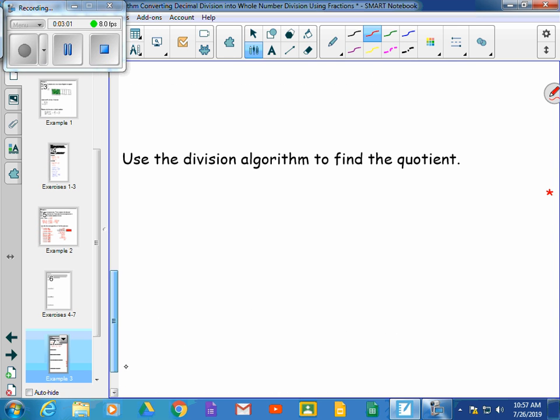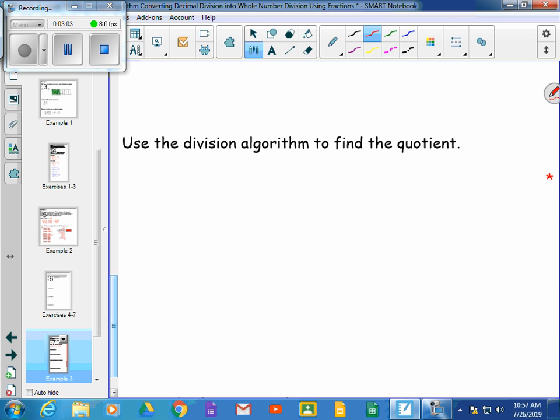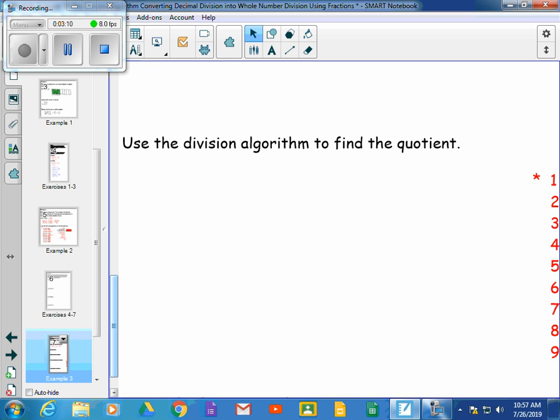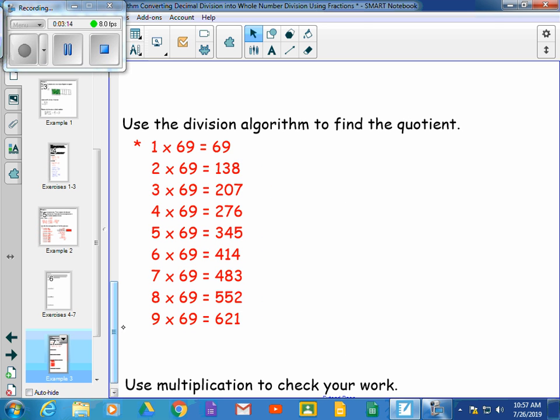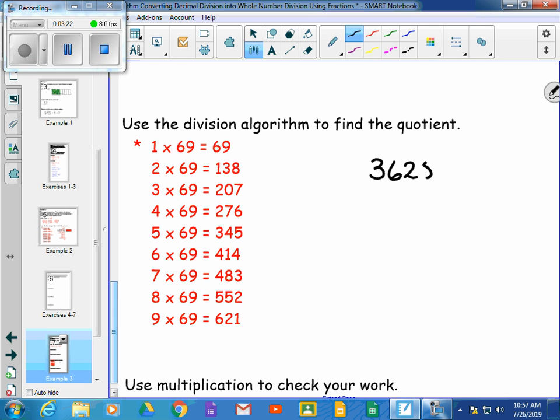Since we've already worked that out, I'm going to skip down to where it says use the division algorithm to find the quotient. I made a list of my multiples of my divisor, and I'm going to rewrite this new division problem in bracket form.